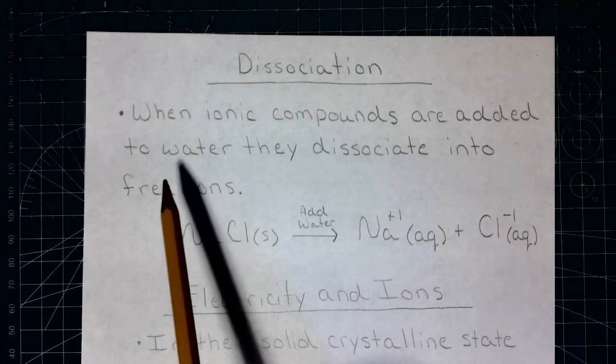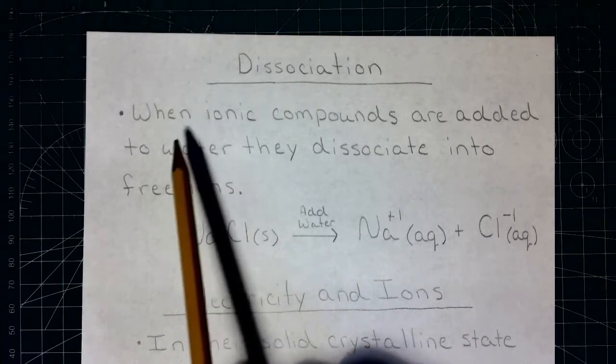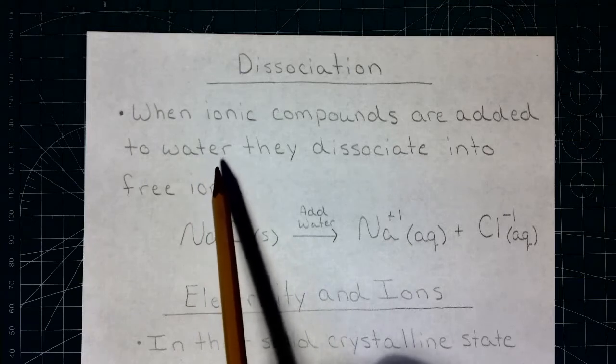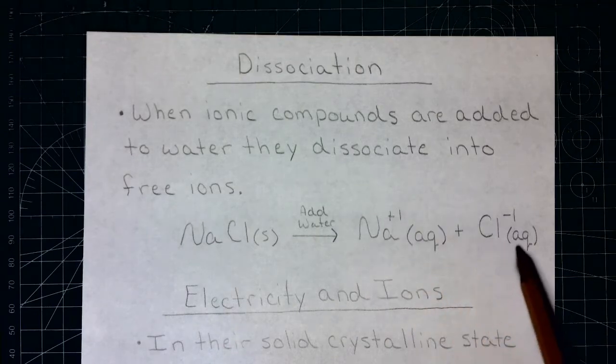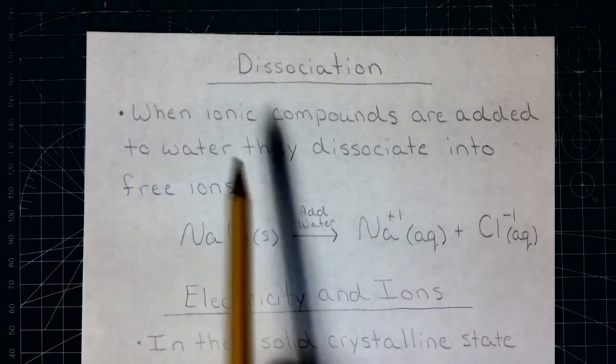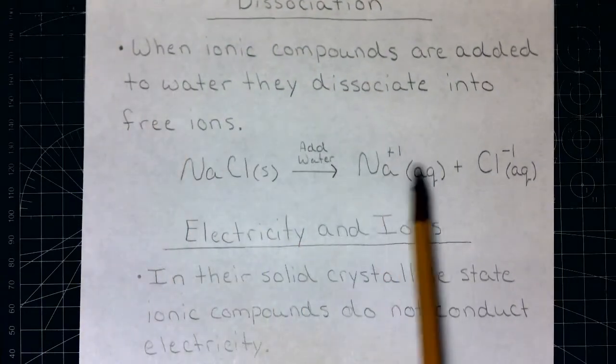And the reason for that is that water molecules are basically like little magnets, and they can kind of stabilize these free charges. So we still have just as many positives as we do negatives. So the overall water isn't charged, but there are now free ions moving around.